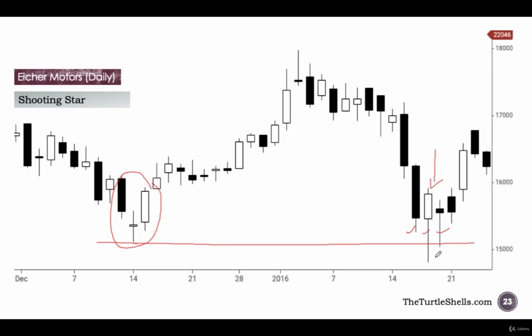Intraday they went and crossed that support line but couldn't close below it. The closing is important. So you can see how powerful the morning star support is, and how powerful the shooting star resistance is. This is a daily chart. Within a couple of weeks, I think the target was achieved.